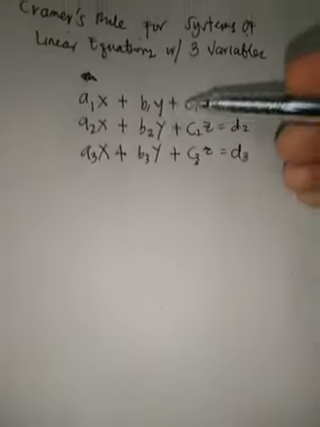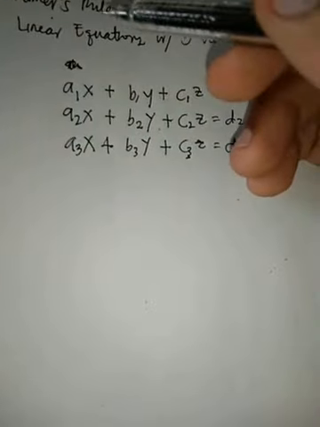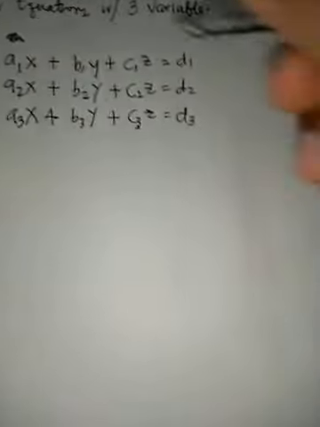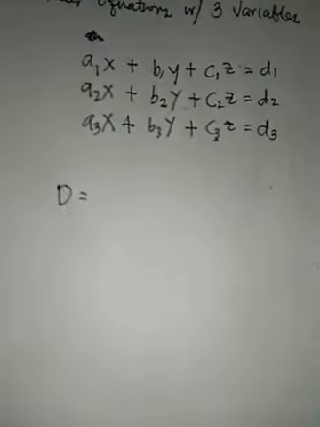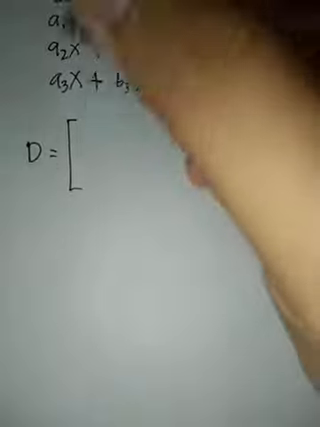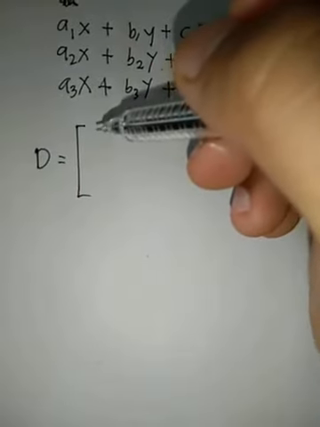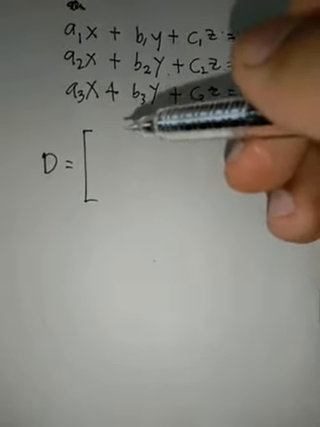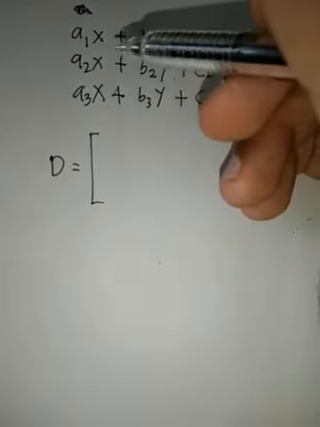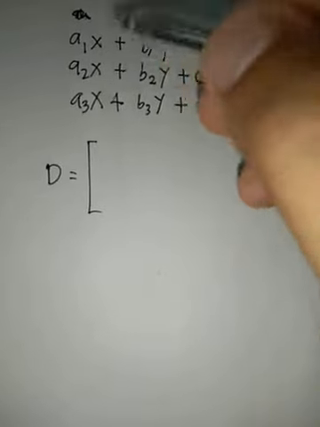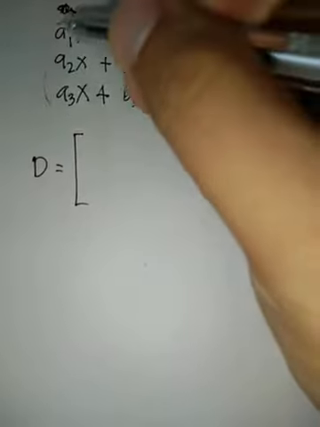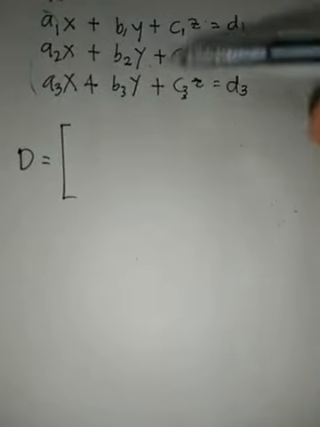So, take note, our coefficient matrix or D is this. For 2 by 2, it was A1, B1, A2, B2. For 3 by 3, this is our coefficient matrix.